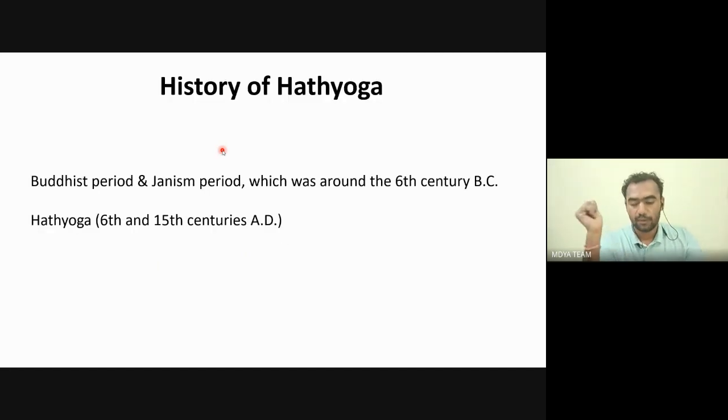It is not exactly mentioned in which period Hatha Yoga started. It's assumptions, because you know who the first yogi is, whom we can see in our ancient texts, in the Ramayana and Mahabharata period also. What's the name of that person?